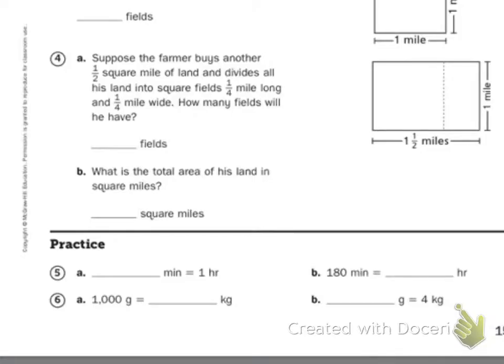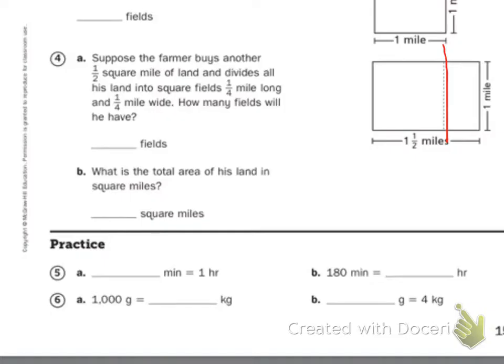So again, I'm going to split it in half and then into fourths, and then half again and fourths. And I need to count how many there are. Actually, I made a mistake, so we're going to go back and I'm going to make this a definitive line because this is our extra 1/2 mile.